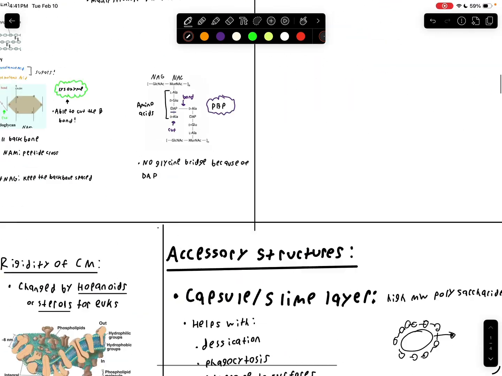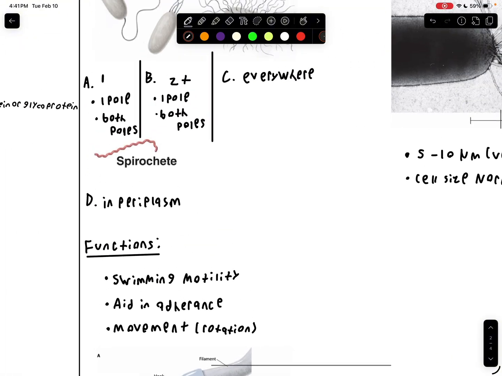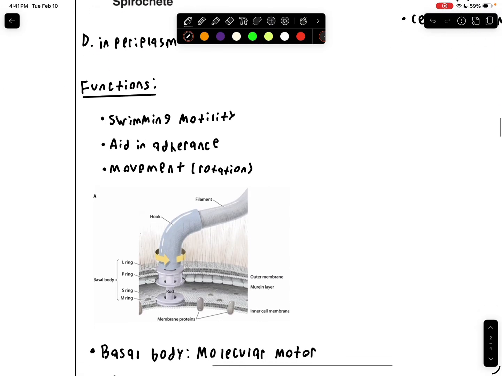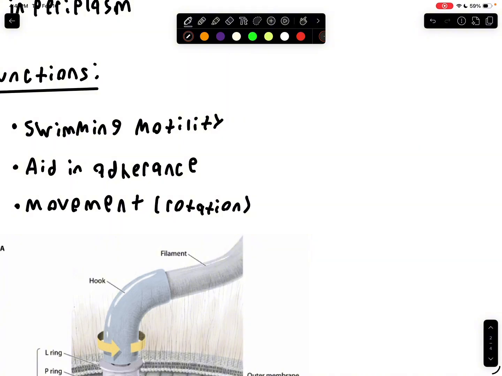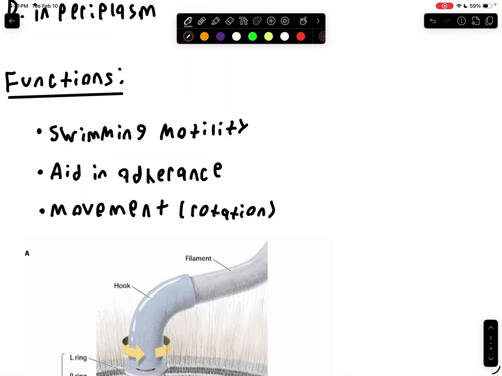And so if you're a spirochete, you have your flagella within that periplasm. Now, what's the point of having a flagella? It helps with swimming motility, aids in adherence and in movement. So if you're familiar with the term motility, you might be asking, doesn't motility mean movement? Yes, it does. But this is specifically swimming movement, right?